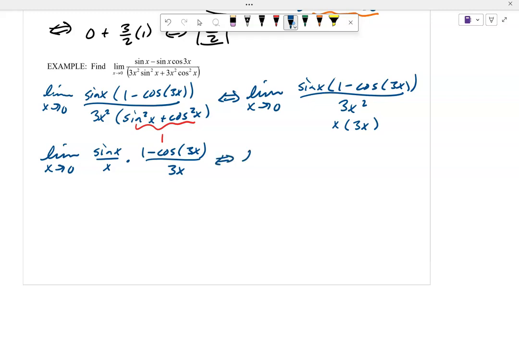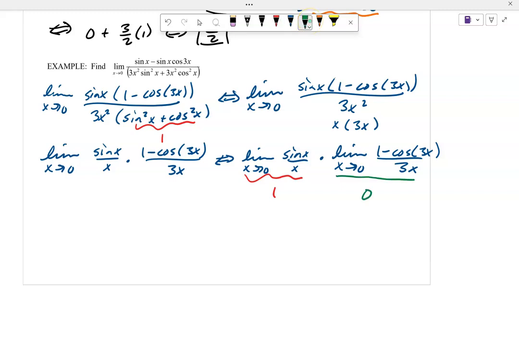Limit as x approaches 0, sine x over x, there's my special case, times limit as x approaches 0, 1 minus cosine 3x over 3x, and I don't even have to manipulate any constants. I've got my two special cases. This one's 1, this one's 0, so we've just got 1 times 0, which is 0. This limit ends up being 0.